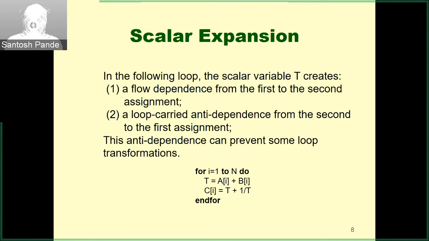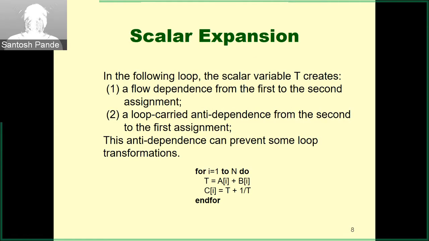So what is going on here? We have an accumulation, that is A[i] plus B[i] is being added here, and some function of that accumulation is being saved in C[i]. The programmer has written A[i] plus B[i] as T, and then C[i] is equal to T plus 1 over T, something like that.